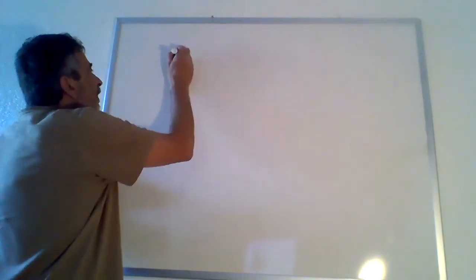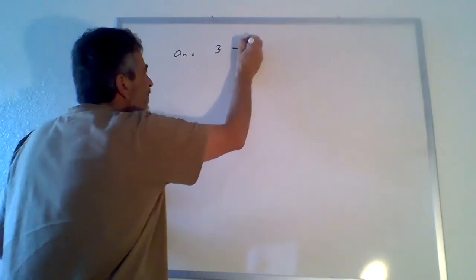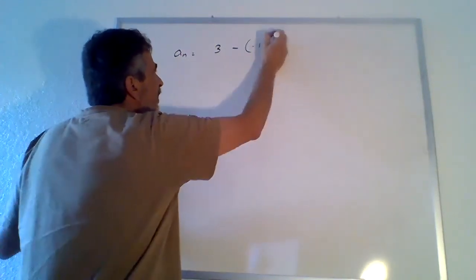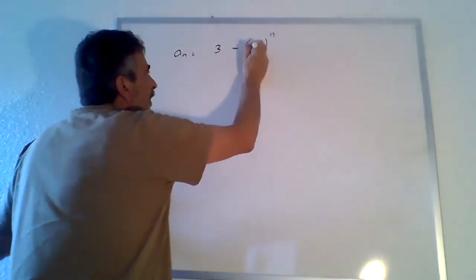So consider the following sequence. It says a_n equals 3 minus (-1) to the power n.